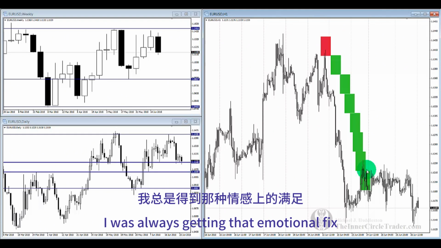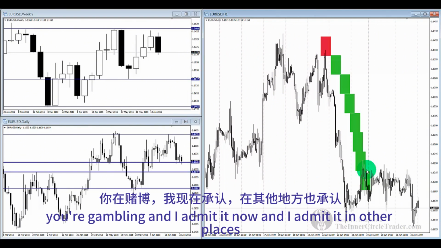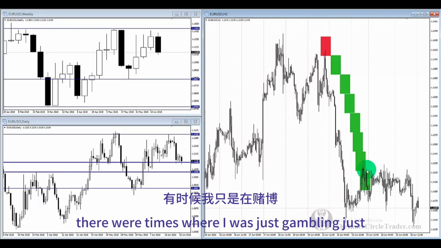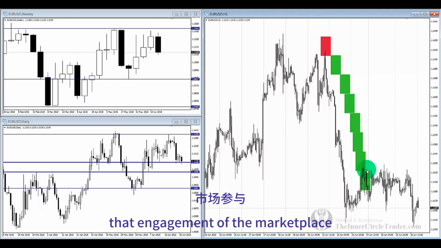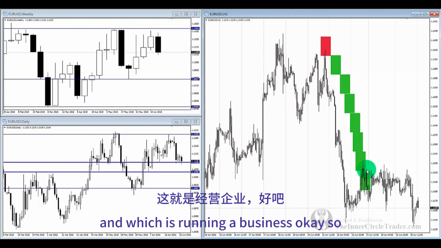I was always getting that emotional fix, and that's not what you want to be doing in trading. Okay, if it feels like that, you're gambling, and I admit it now, and I've admitted it in other places. There were times where I was just gambling, just because I needed to feel that engagement of the marketplace, and I lost track of what I was doing, which is running a business.